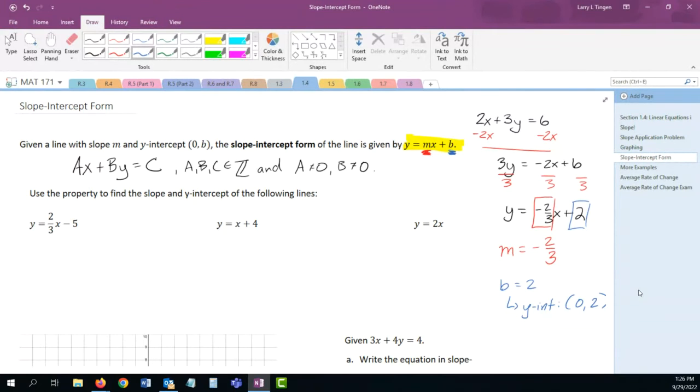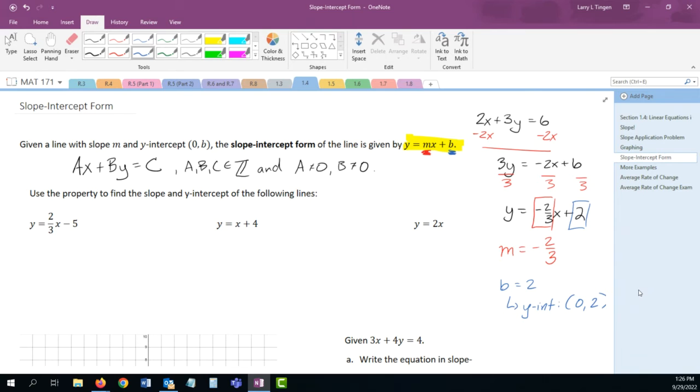Does that make sense? This is why slope-intercept form is so neat. If you can solve for y, the slope and the y-intercept are sitting right there as the coefficient of x and the constant term, and you don't have to go hunt them down by finding 2 points, finding the slope, and then chasing the slope all the way down until it finds the intercept.